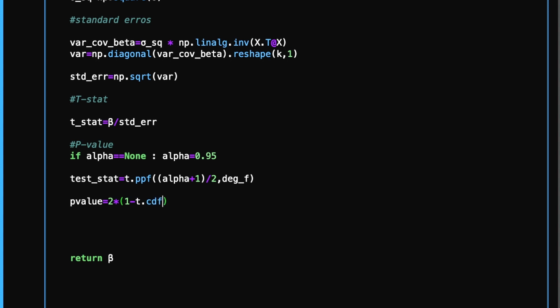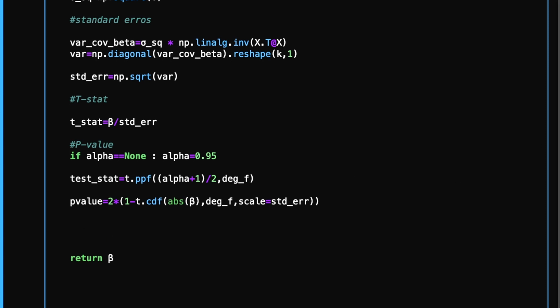So t.cdf of the absolute value of beta, then the degrees of freedom, and the scale parameter, which is the standard deviation, is just going to be the standard error of that covariate. So this should give us the p-values.